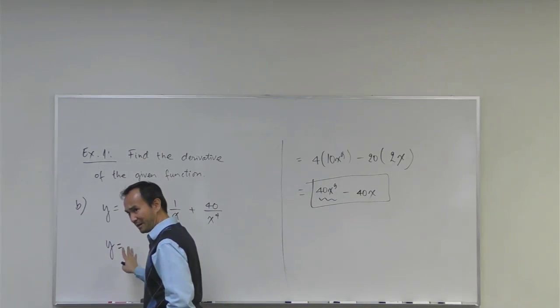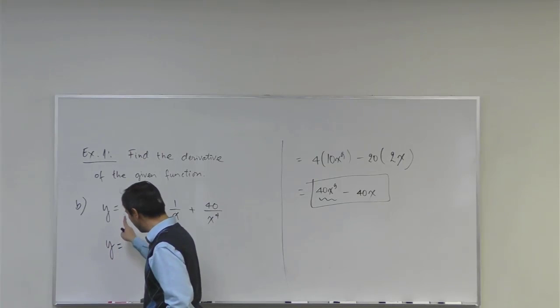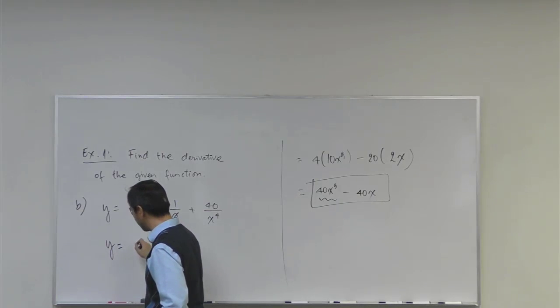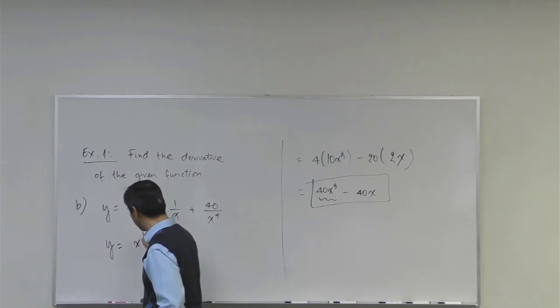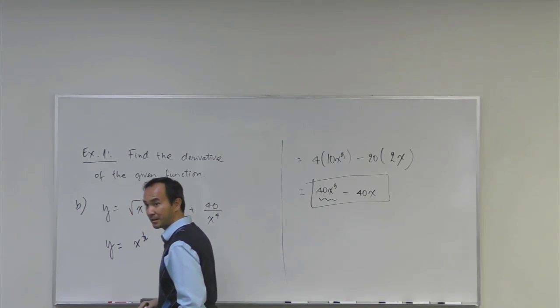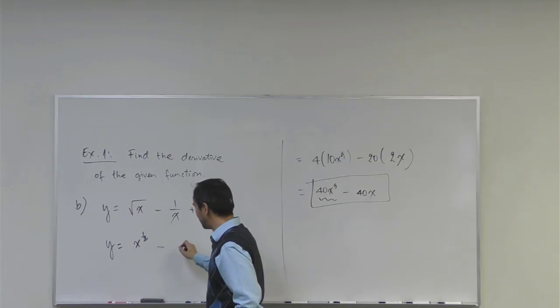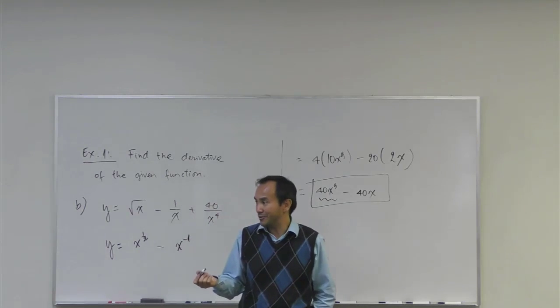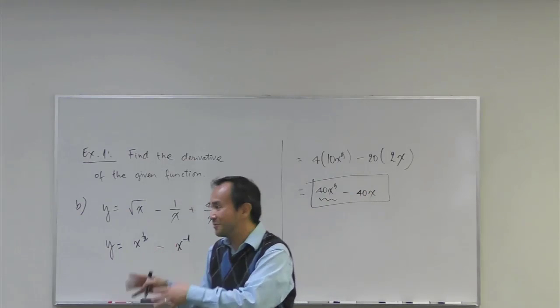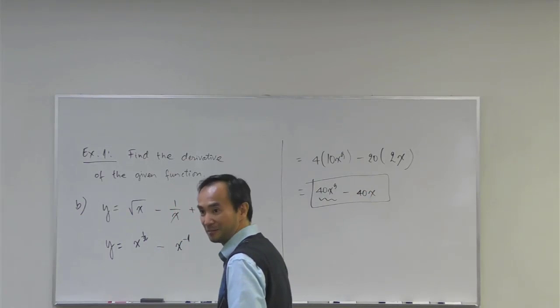Algebraically, I'm just talking about before taking the derivative. Okay? Algebraically, square root of x is understood famously as x to the 1/2 power. You see the power again. The 1 over x here can algebraically be understood as x to the power negative 1. Okay? So I never said from the beginning that the power rule that we use has to stick with integer power or has to stick with the positive power only.